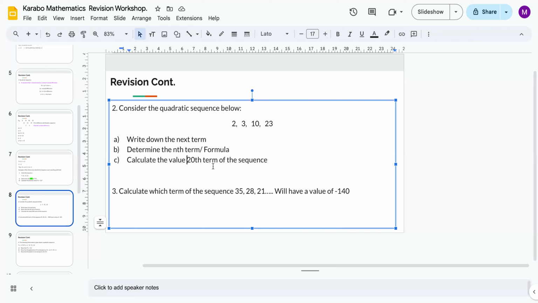So please attempt A. Just write down the value of the next term. What comes after 23?